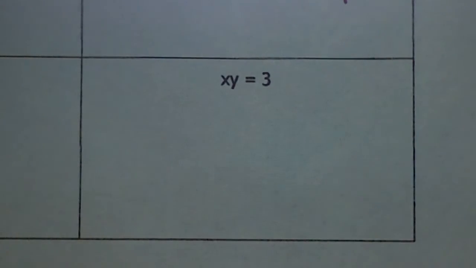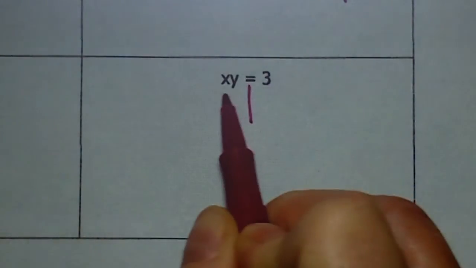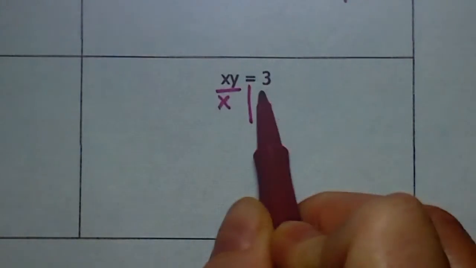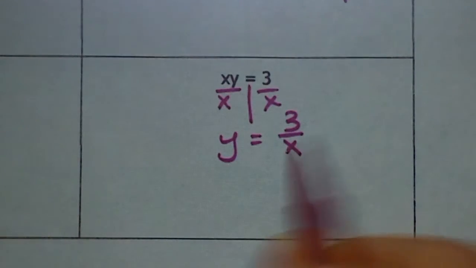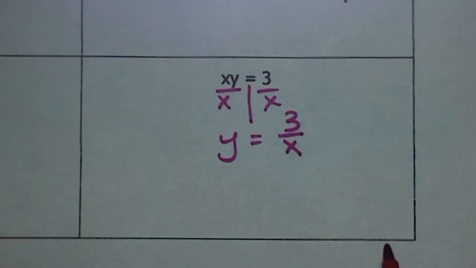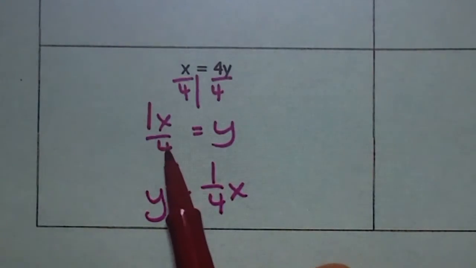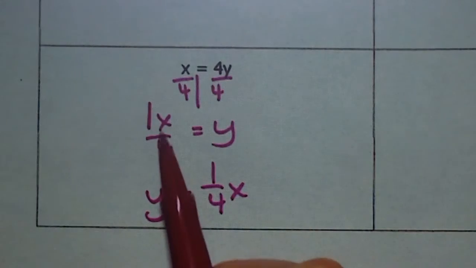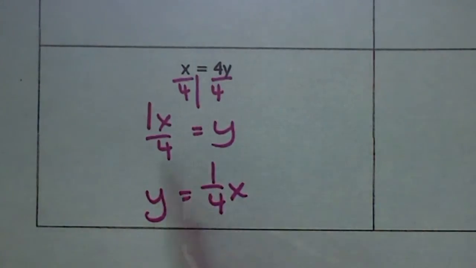All right, one more non-example here. This one I have x times y equals 3. I would like the y by itself before we decide, right? So we're going to divide by x, and y would equal 3 divided by x. Okay, now the x is in the denominator spot. This isn't the same as when x was in the numerator. This can mean 1/4 times x because the x is in the top spot. It's 1 times x over 4.